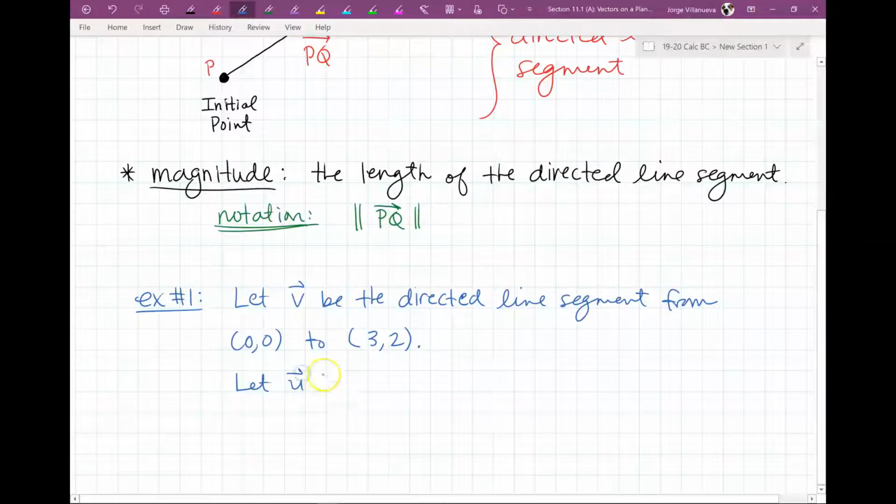Let vector U be the directed line segment from 1, 2 to 2, 4. By the way, as I'm writing this out, in books they may either use that little arrow on top, or they might bold the letter. You'll see a plain x, and then a really heavy x. The plain one is just a coordinate or a letter, and the bold one is considered a vector.